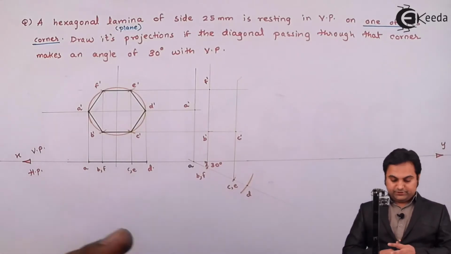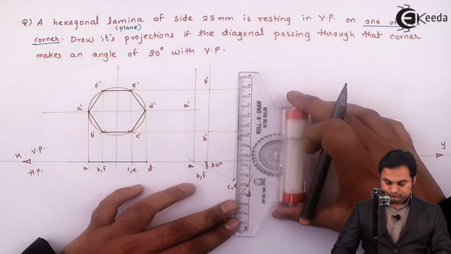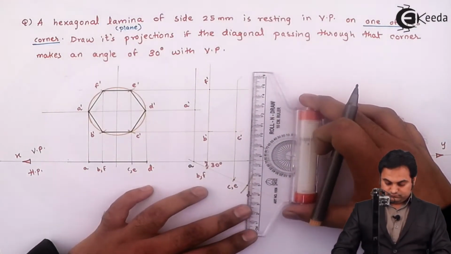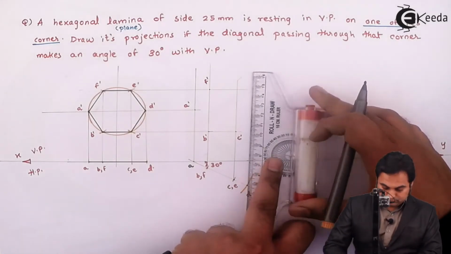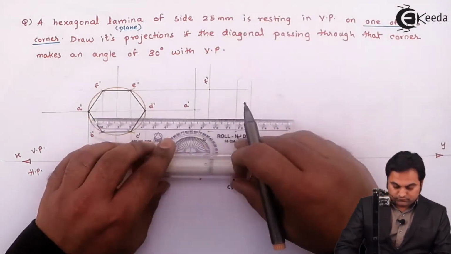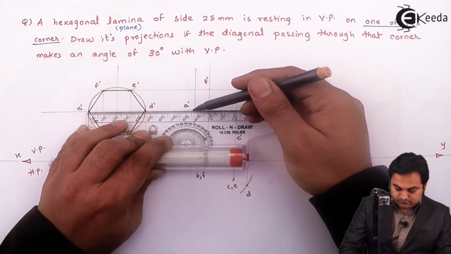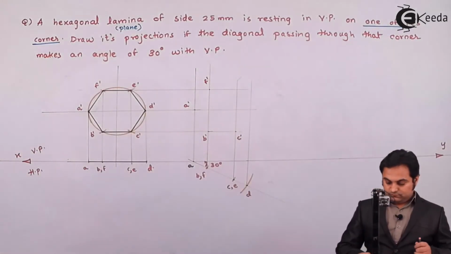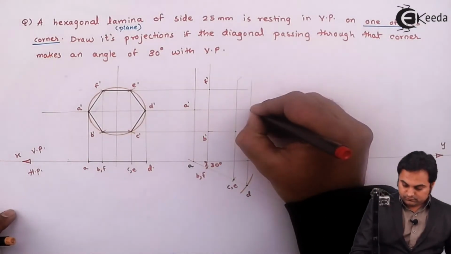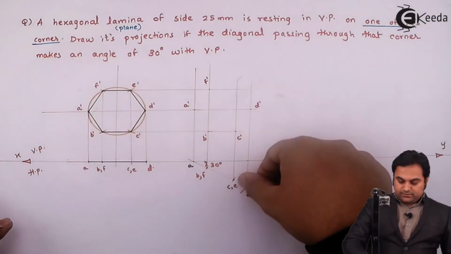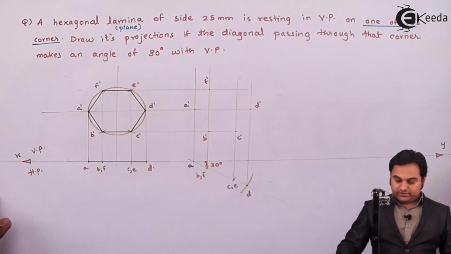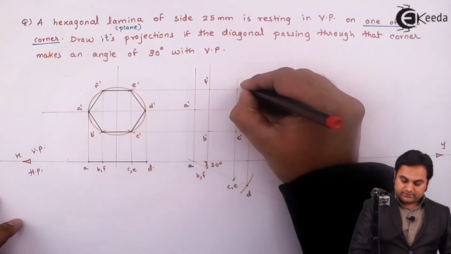Next, for point D, and here is D dash. Next, point E and E dash, where they intersect, that will give me the point E dash.